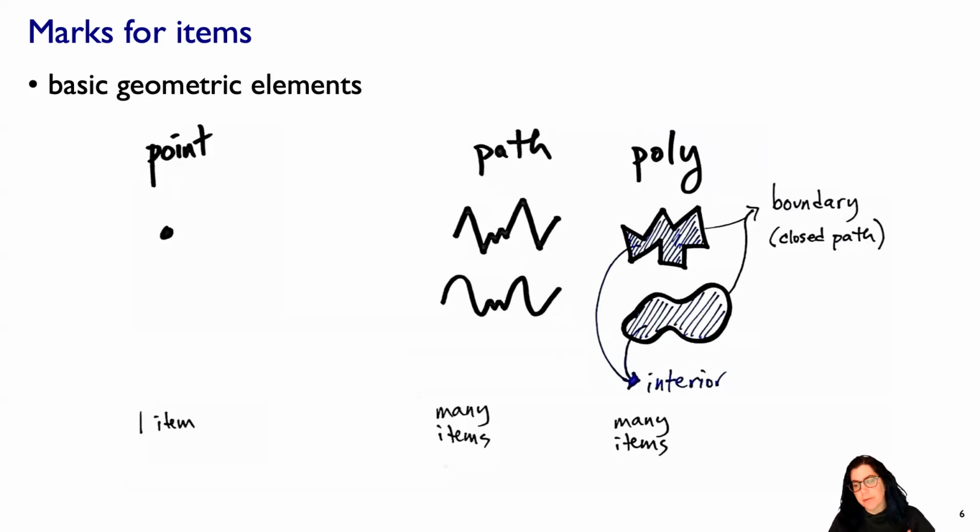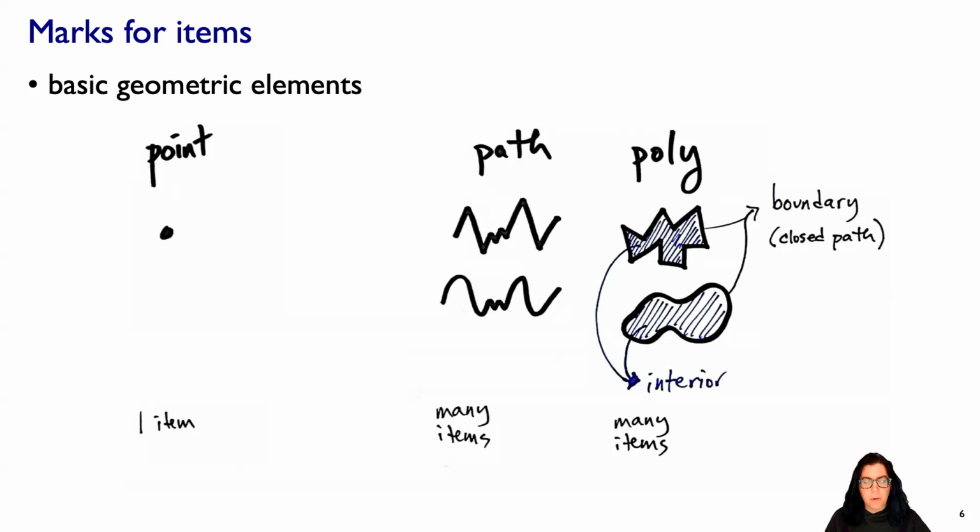Now, another important thing to notice is that both paths and polys represent many items of data, right? If we look at that path, it's got that squiggly line, and that's actually representing many different data points or data items. Same with the polys. Whereas in contrast, a point is representing just a single item of data. And that's a pretty important distinction, as we'll see.